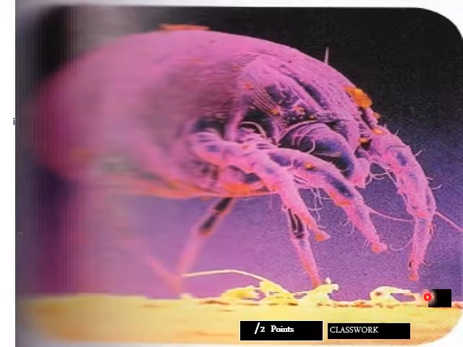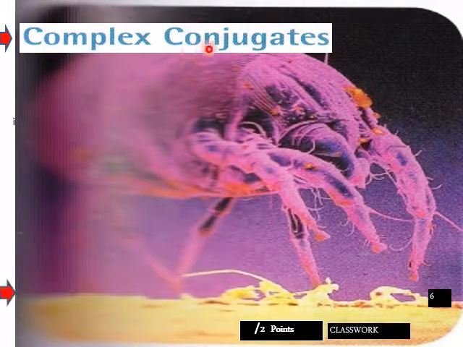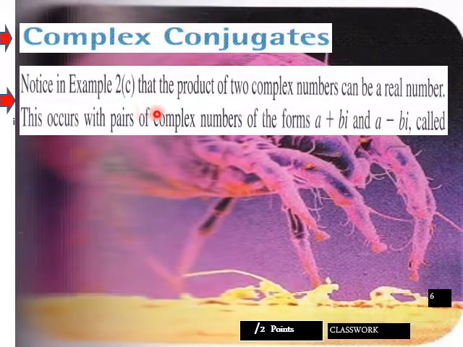Okay, onto page 6 of our classwork. Complex conjugates. Notice in example 2 that the product of two complex numbers can be a real number.